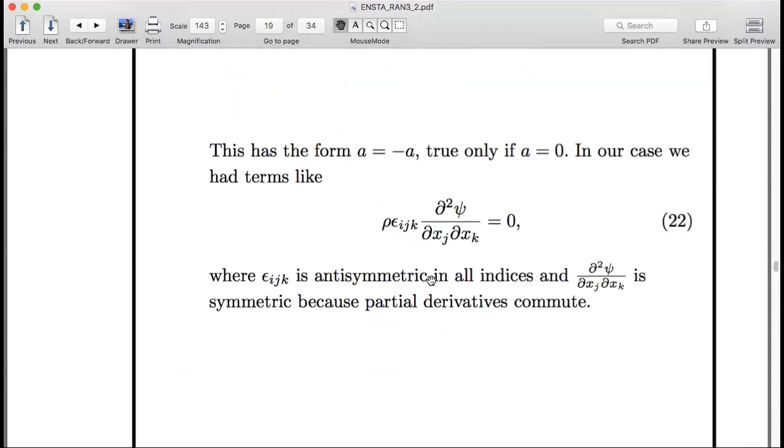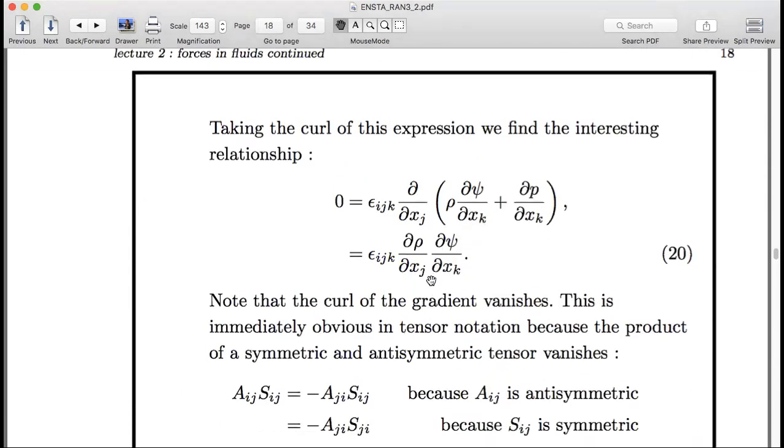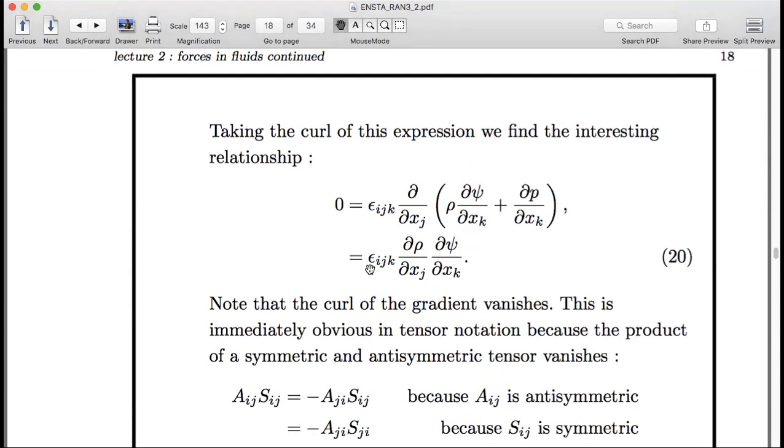So if we go back here just to see where I got that from. Here. So it's the epsilon ijk with the d rho dxj. So that's the gradient of rho. This is the gradient of psi. And as I was saying, you have to make sure the indices are in the right places.